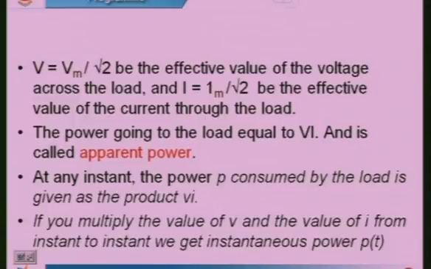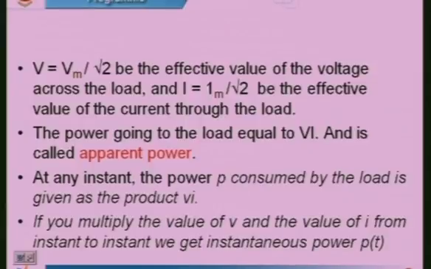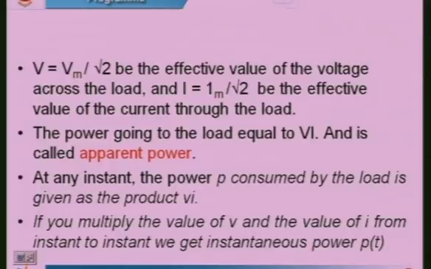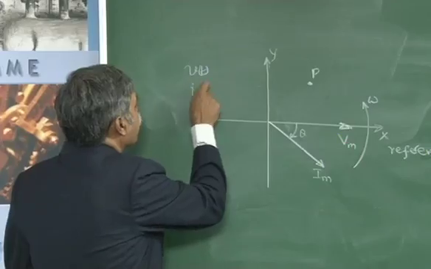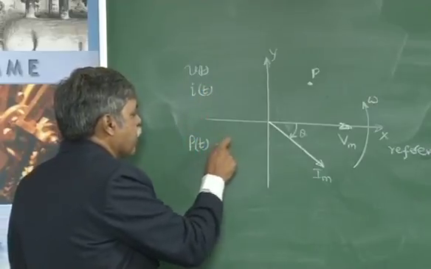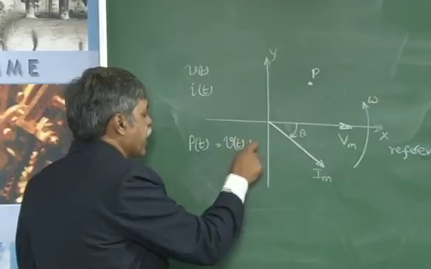The product of this V and I will give you the power going to the load, and it is called apparent power. V into I is called the apparent power. At any instant the power P consumed by the load is given by the product V into I. That is, if v of t is the instantaneous voltage and i of t is the instantaneous current, the power at any instant is the product of the voltage and the current.